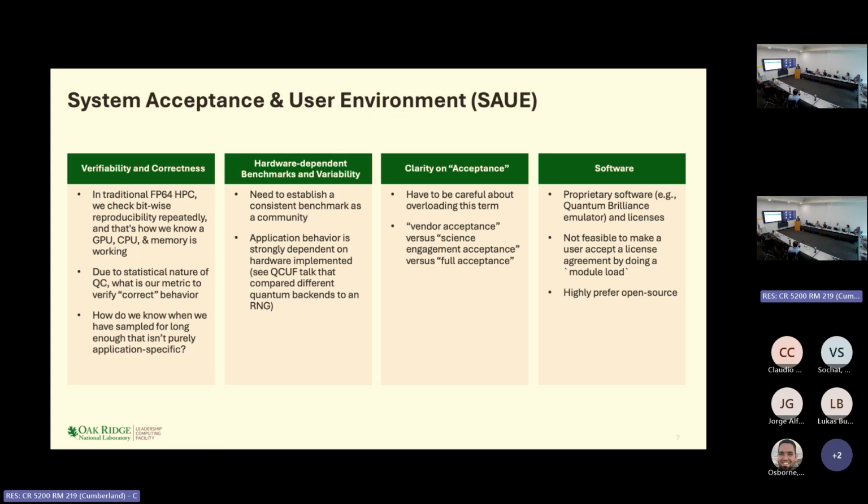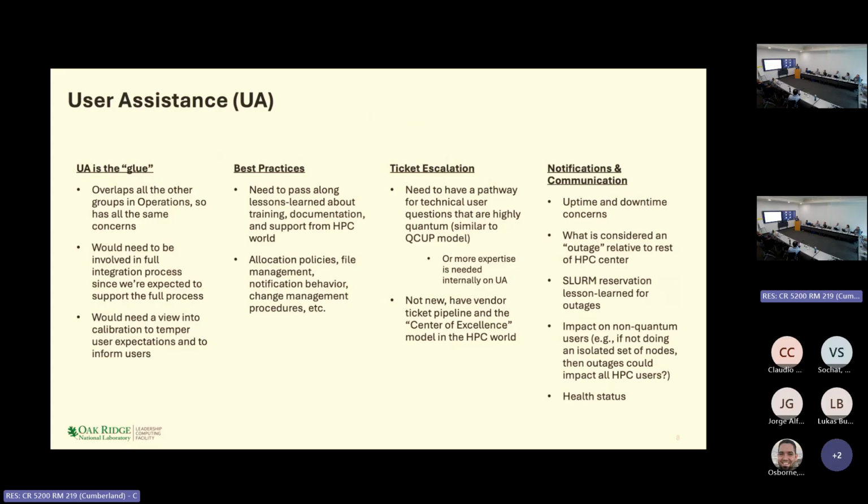No, it's very simple. Acceptance is always the final stage. Yeah, true, exactly. And then the last slide is my group. I say the most biased slide for last. I say UA is the glue, and I'm sort of biased, but I say that because our group overlaps all of those other concerns.